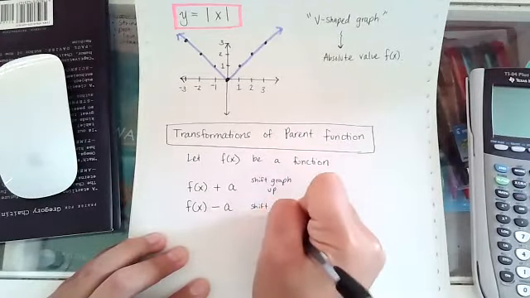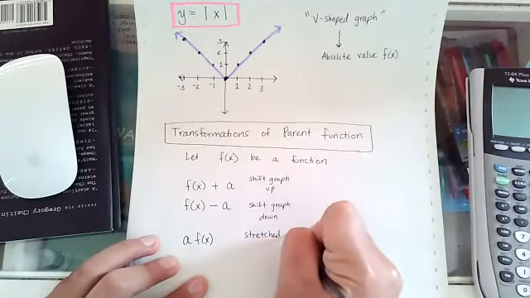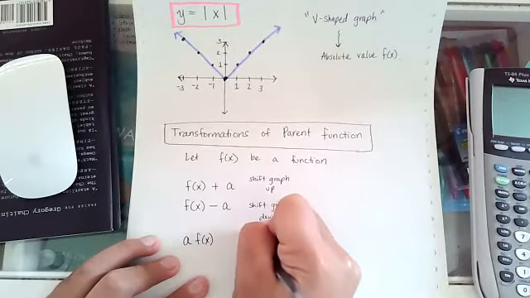You could also multiply a number times the output. And what that did was, in some sense, stretch the graph. And we might call that a vertical stretch.